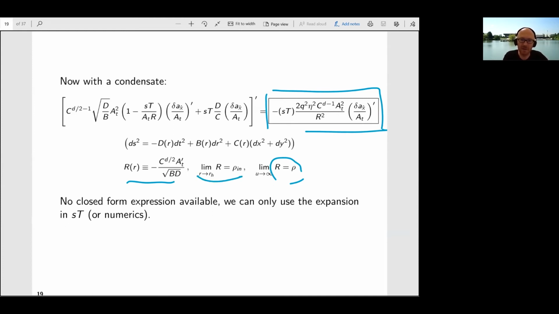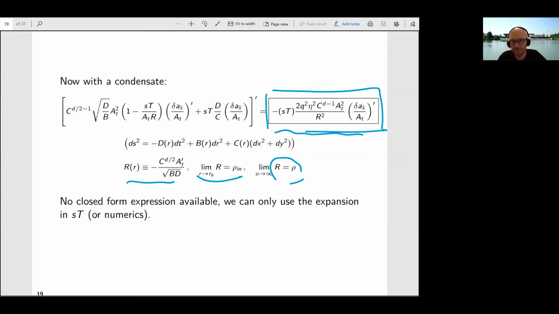It doesn't measure the charge that's carried by the condensate that's sitting outside the horizon. And like I said, in this case, there's no closed form expression, mainly because this term on the right-hand side spoils the integration of the left-hand side. It used to be 0, so you got an integration for free. And so what we need to do is use this expansion in ST or to use numerics.